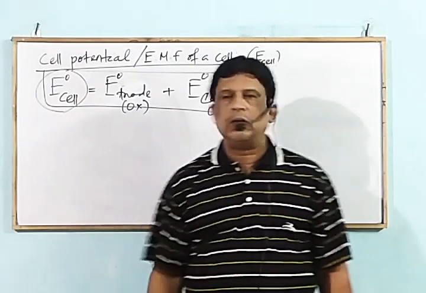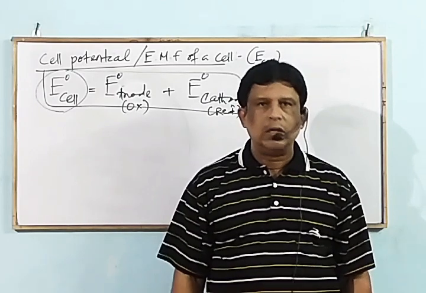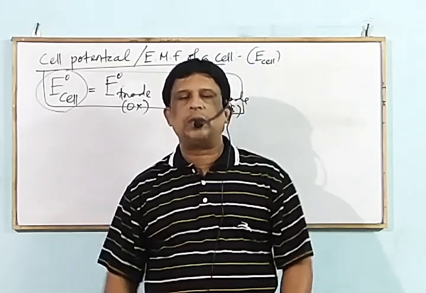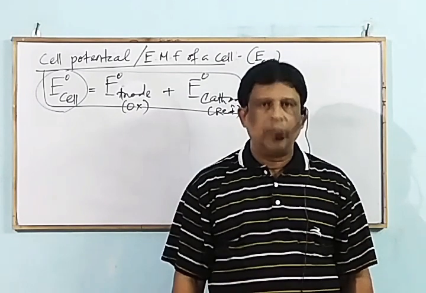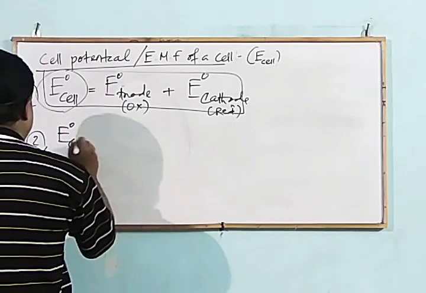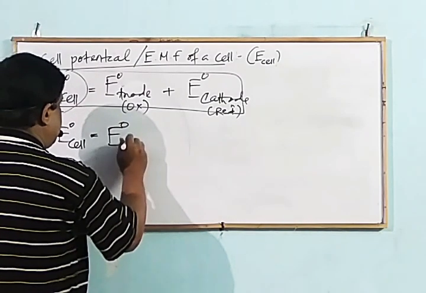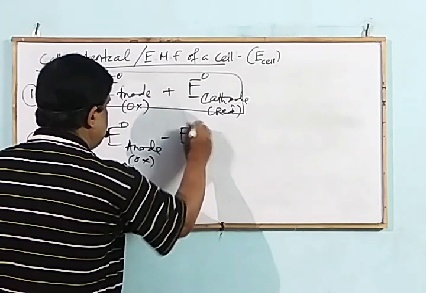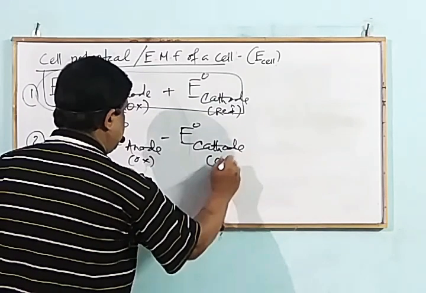In other words, it is also expressed in two other different ways. One is where both half cell potentials are expressed in terms of oxidation potential, and the other where both are expressed in terms of reduction potential. Mark that how it is. The second way: E° cell is equal to E° of anode, that is oxidation, minus E° of cathode, that is oxidation.